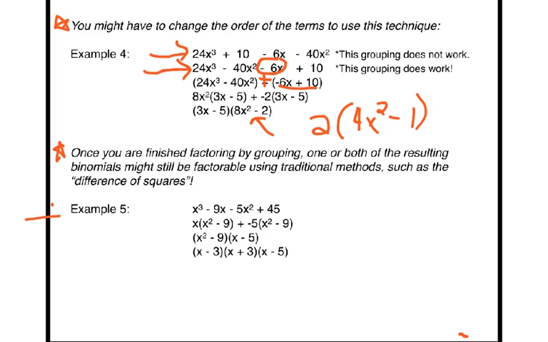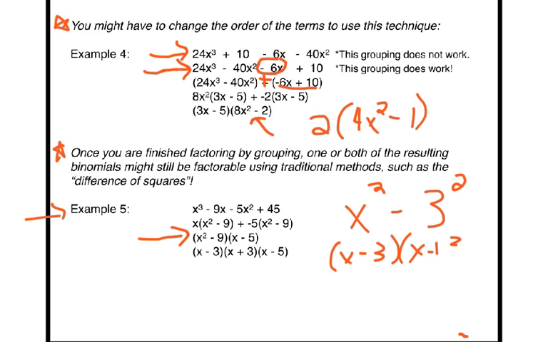In this example, example 5, we see that once we're done factoring by grouping, we have this expression x squared minus 9. This can be rewritten using the difference of squares. That's really x squared minus 3 squared. So you can rewrite it as x minus 3 times x plus 3, which is what I've done in the final answer.